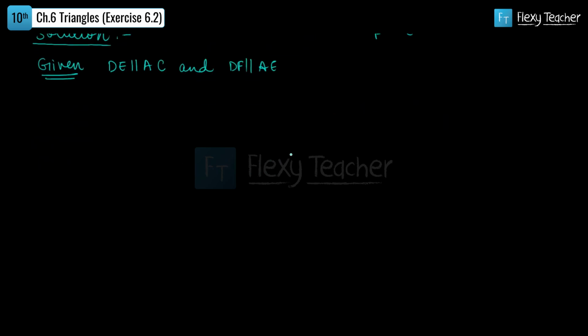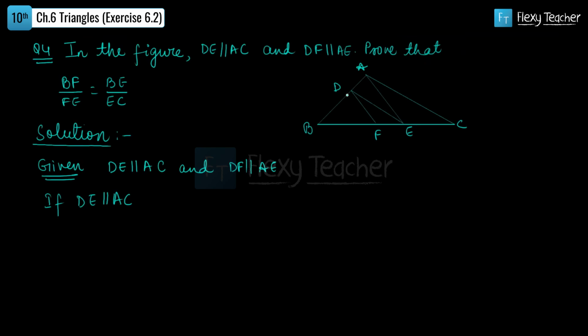Okay. So because DE is parallel to AC, with the help of the basic proportionality theorem, BD upon DA is equal to BE upon EC.